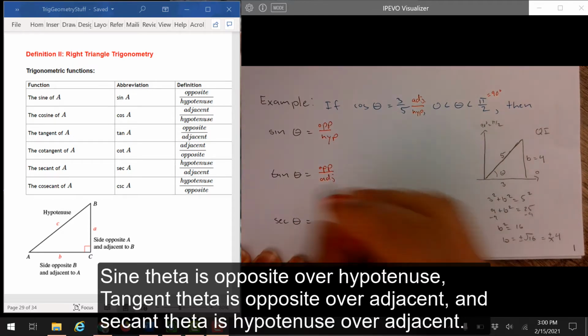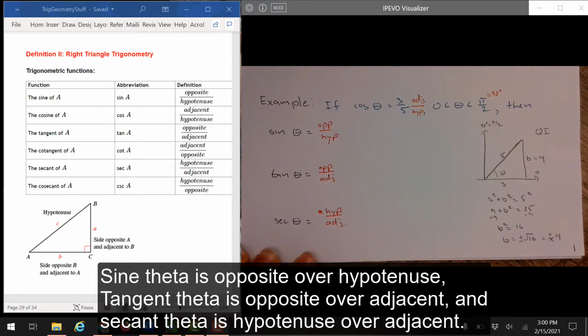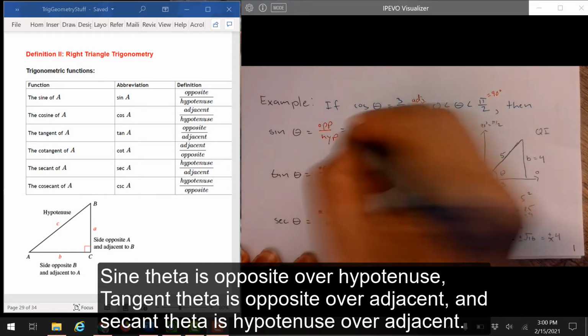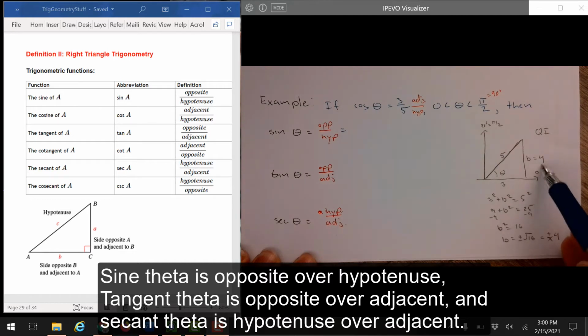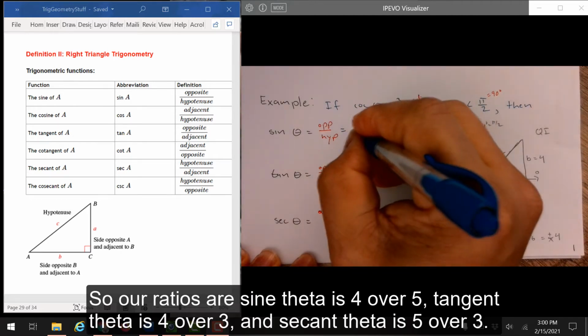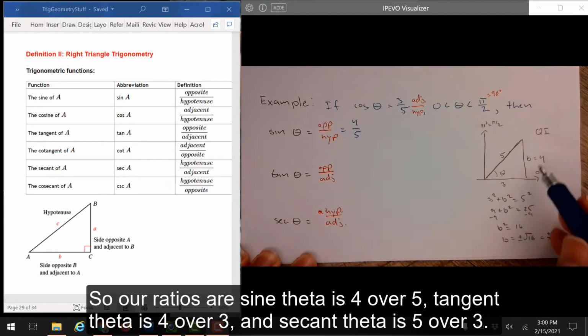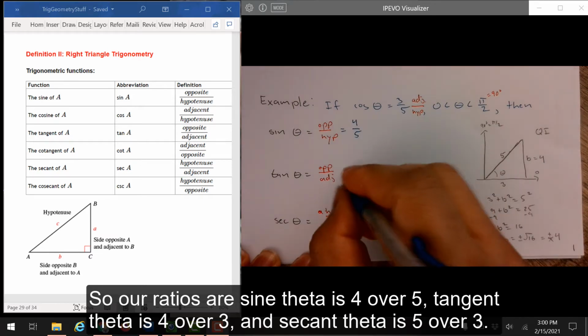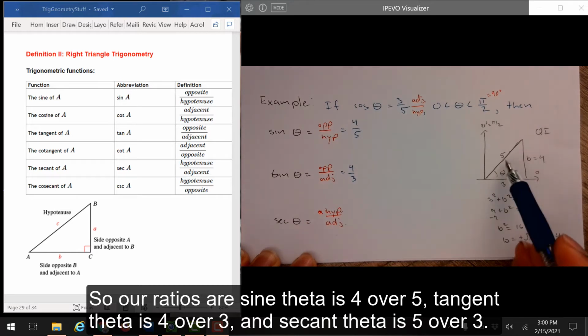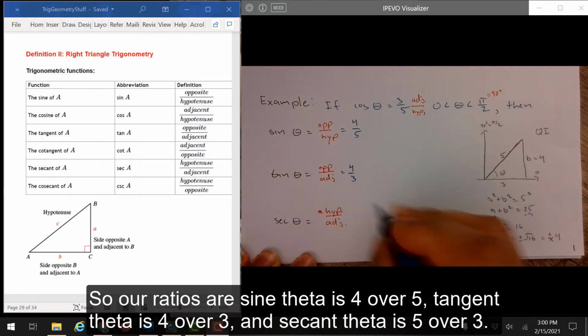Sine theta is opposite over hypotenuse, tangent theta is opposite over adjacent, and secant theta is hypotenuse over adjacent. So our ratios are sine theta is 4 over 5, tangent theta is 4 over 3, and secant theta is 5 over 3.